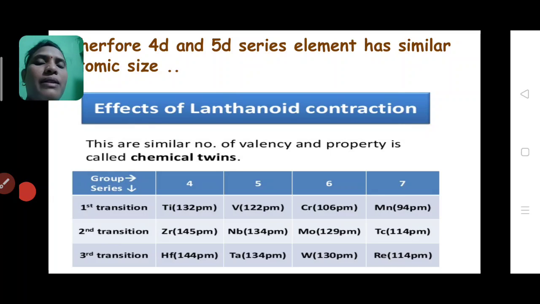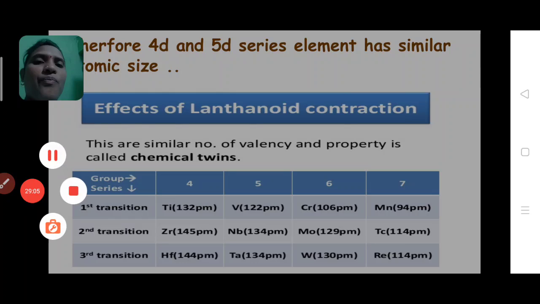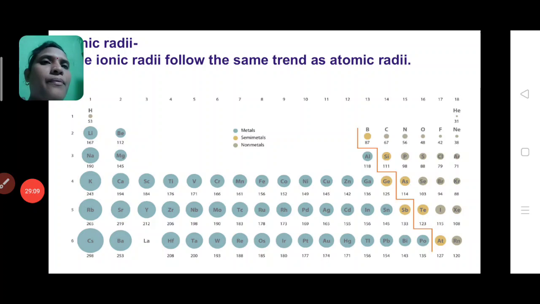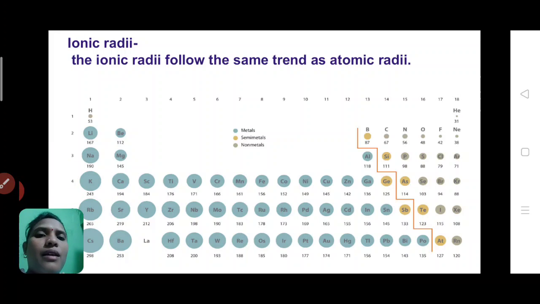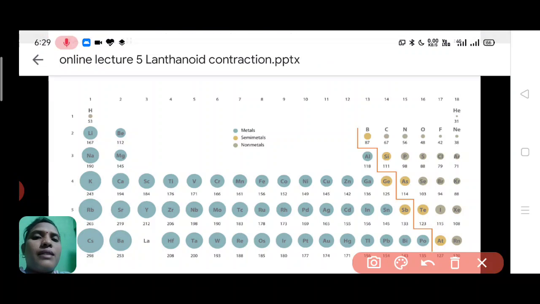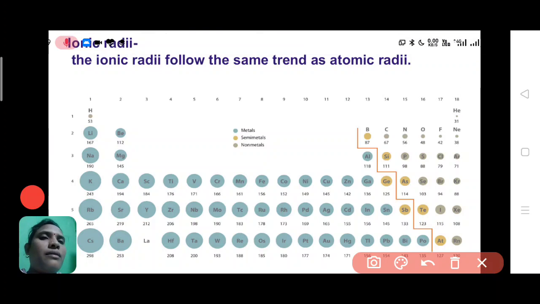Now next we will see ionic radii. What is ionic radii? Ionic radii is nothing but the radius of any ion.